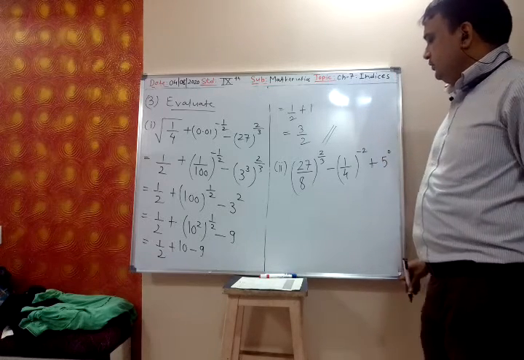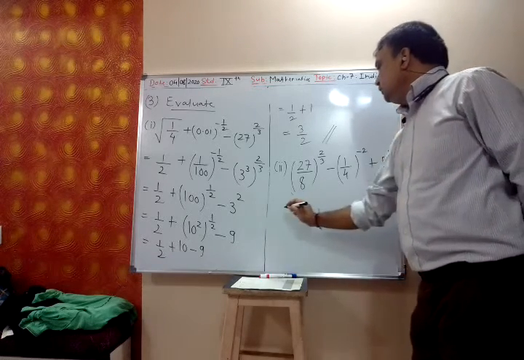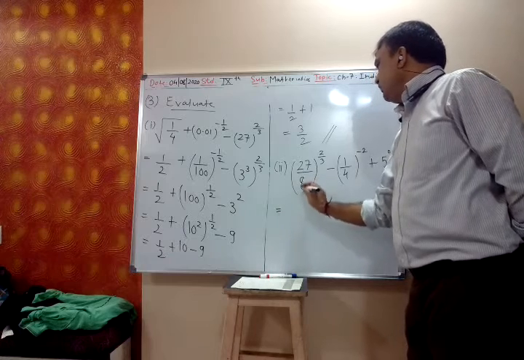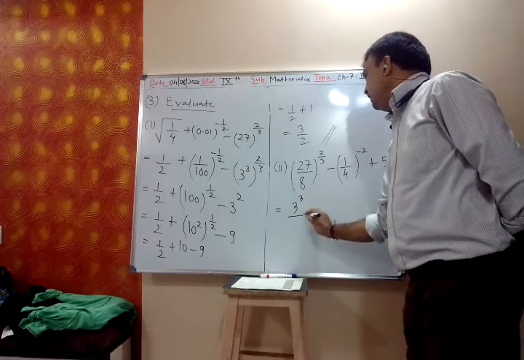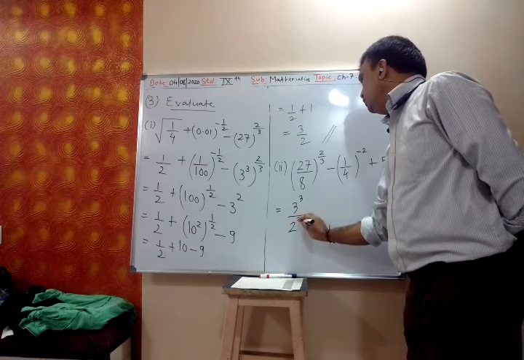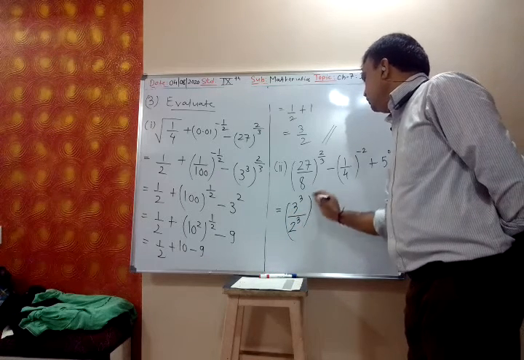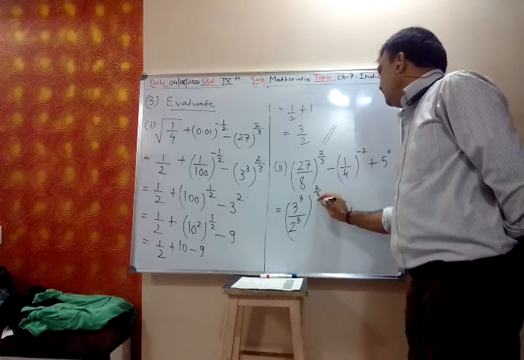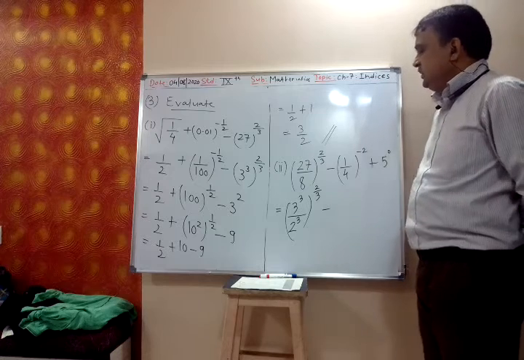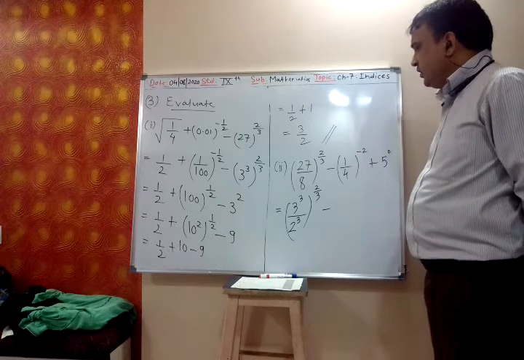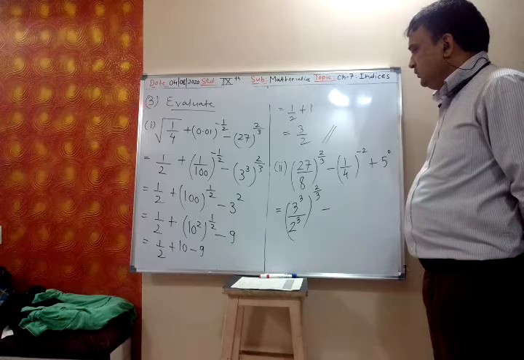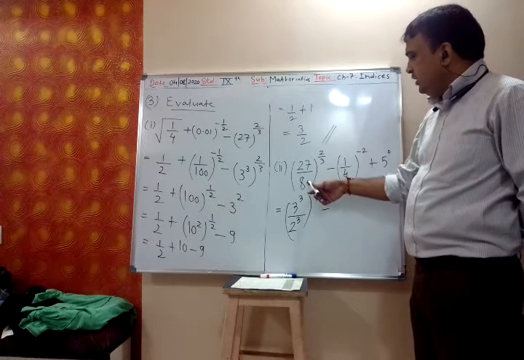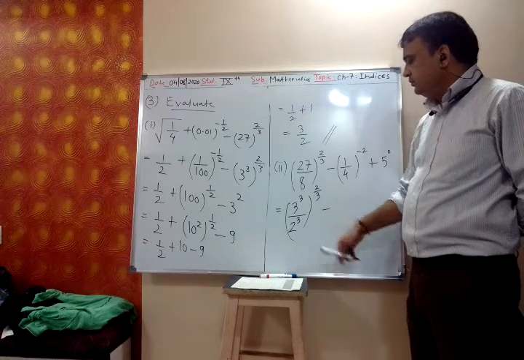So 27 by 8, I can write 3 cubed, 27, and 8 I can write as 2 cubed, 2 into 2 into 2, raised to 2 by 3. Yes, in the denominator I am writing 8 as 2 cubed.